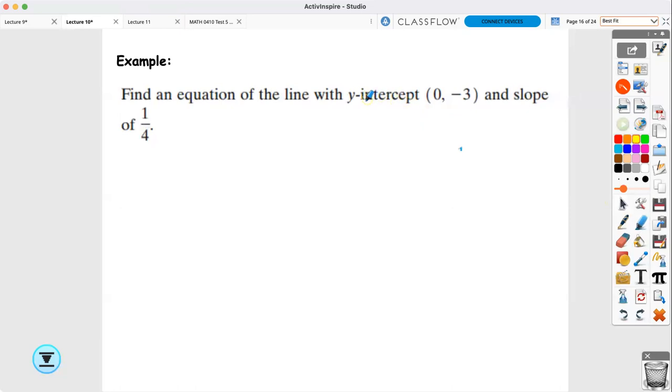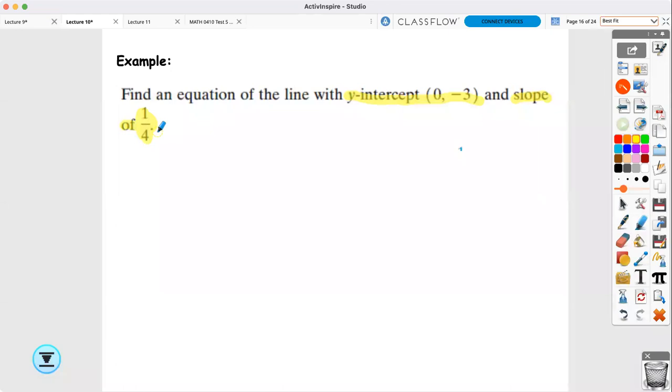They're giving us two pieces of information, class. What two facts are they giving us when you read the example? They give us the y-intercept and the what? The slope.